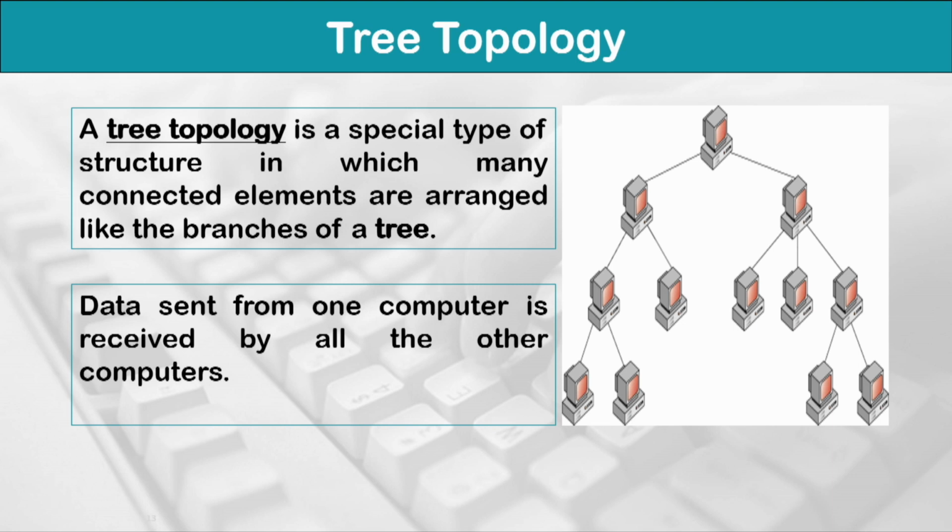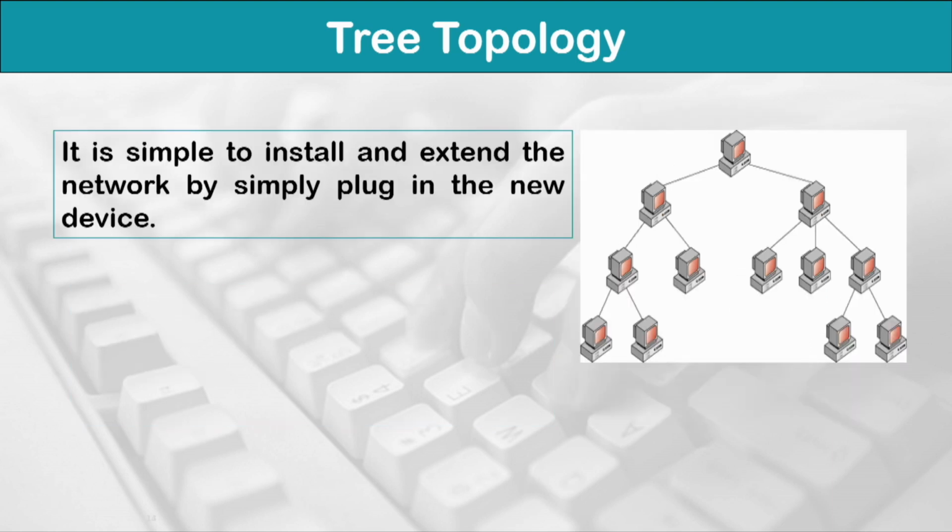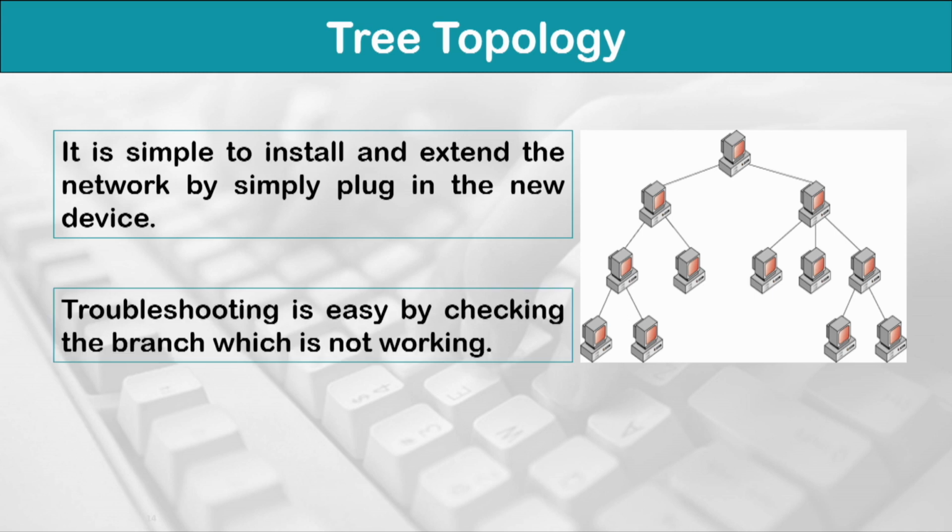Data sent from one computer is received by all the other computers. It is simple to install and extend the network by simply plugging in the new device. Troubleshooting is easy by checking the branch which is not working.